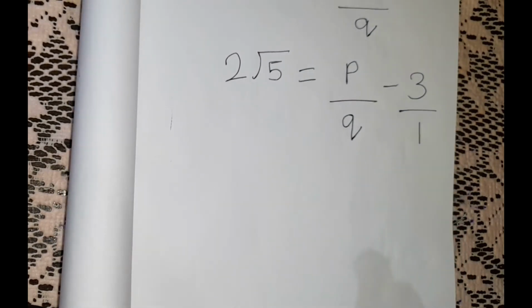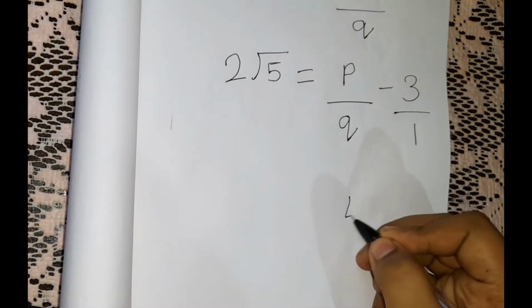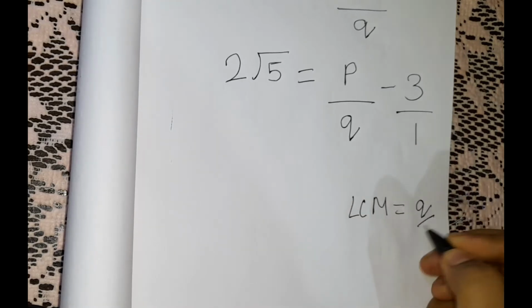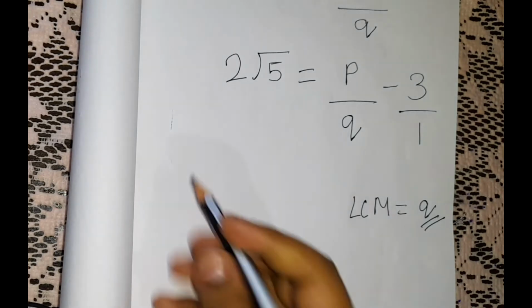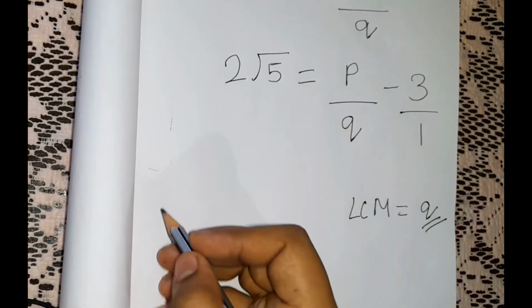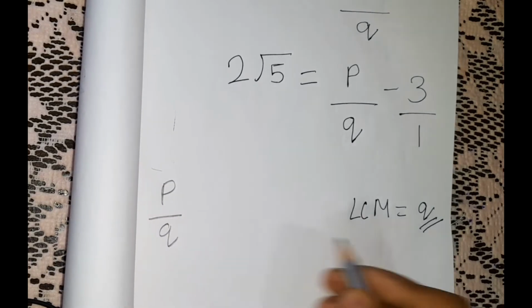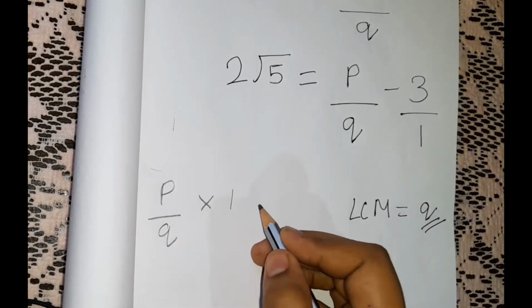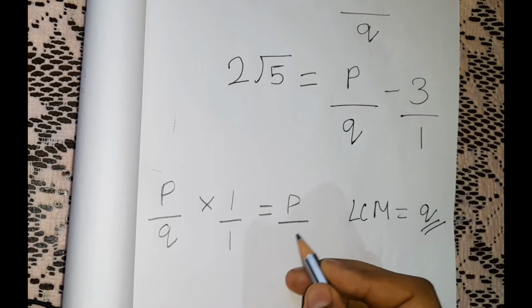Now we are going to take the LCM of q and 1. Of course you know the LCM of q and 1 is q. So I am writing p by q as it is. We got LCM q, am I right? Already we have q, so 1 p is p and 1 q is q.